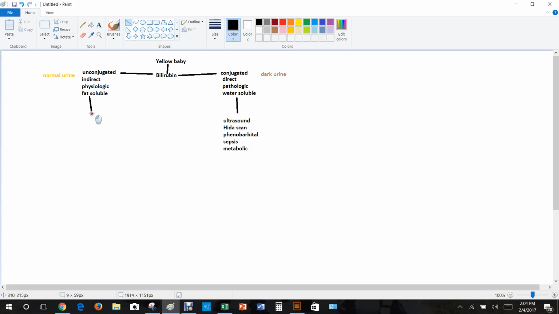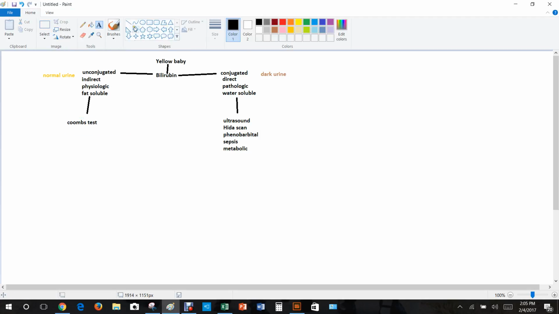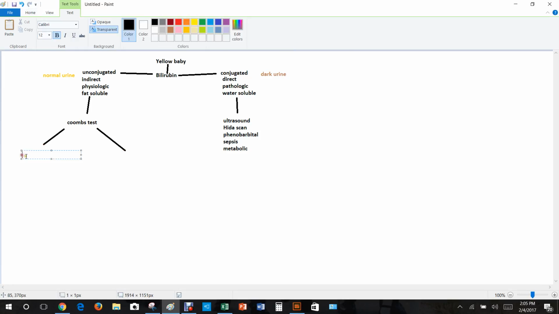So what about the other situations here? So it could be that it is unconjugated, indirect, physiologic. So now we've got to figure out here, first thing we're going to do is something called a Coombs test, okay? So it can be either a Coombs positive or Coombs negative. So we do the Coombs test. So let's say the Coombs test comes out positive versus Coombs test negative.